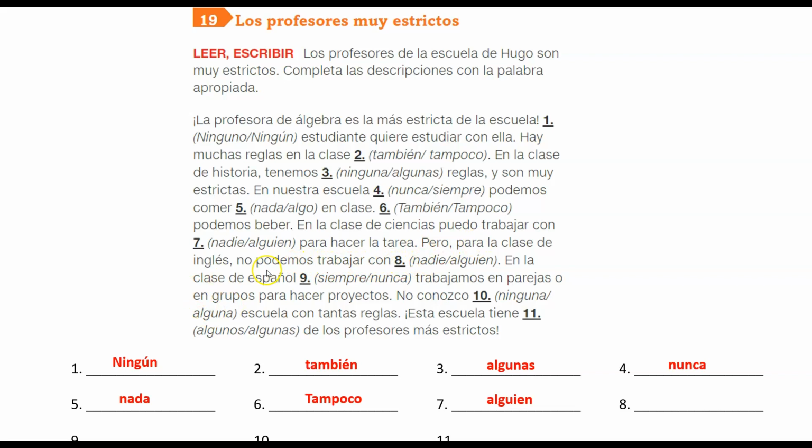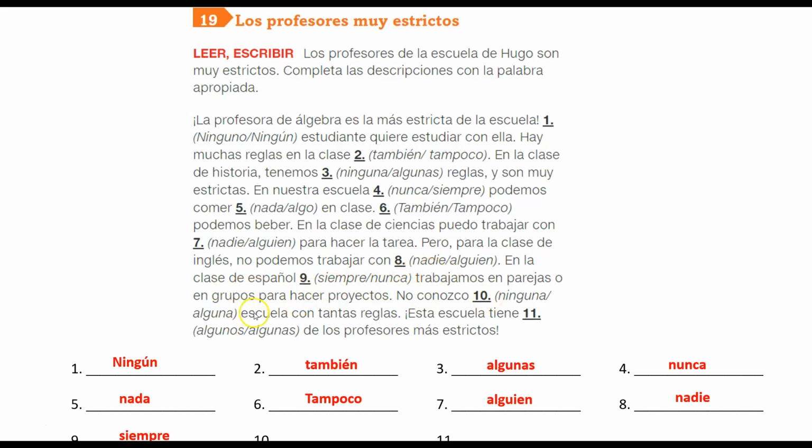So, but in English class, we can't work with anybody. Con nadie. En la clase de español, blank trabajamos en parejas o en grupos para hacer proyectos. So in Spanish class, we blank work in pairs or groups to do projects. We always, ¿sí? Siempre trabajamos en parejas.